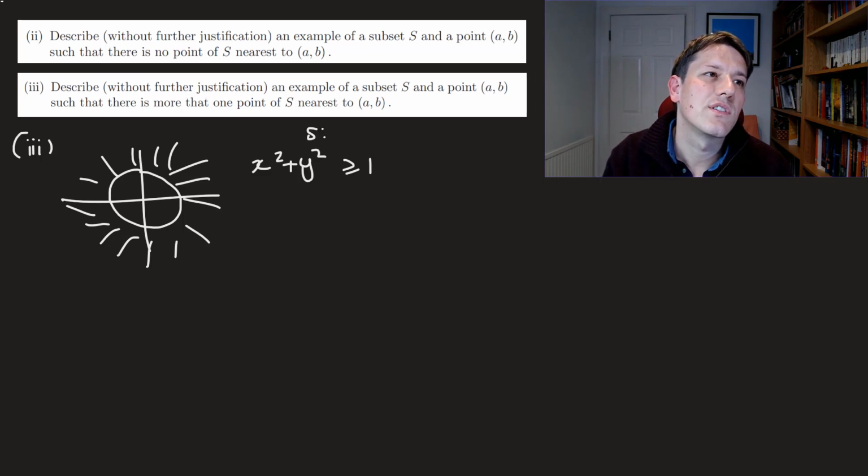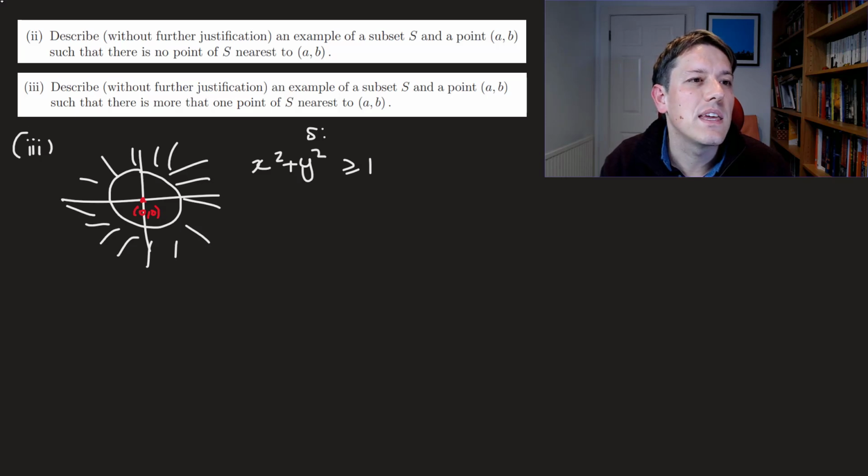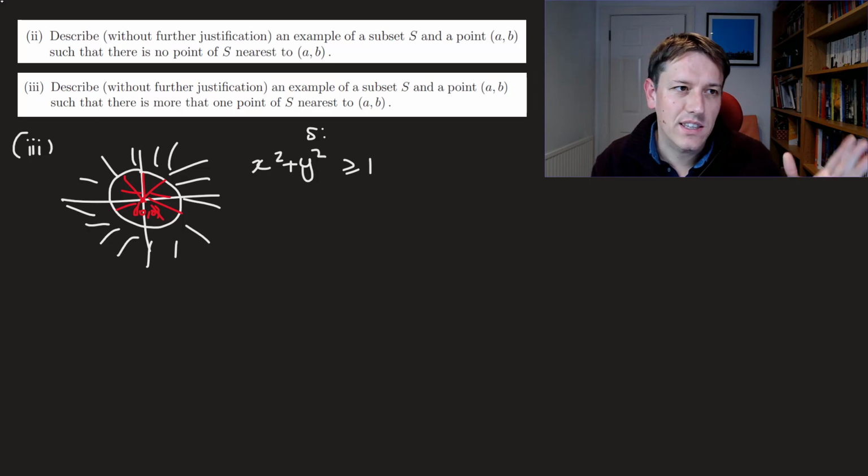And then I just, for example, took the point 0, 0, or the origin as the AB, then every point on the circle is just as close as any other. So there's more than 1 point that's nearest to AB. Okay, so that does part 3.